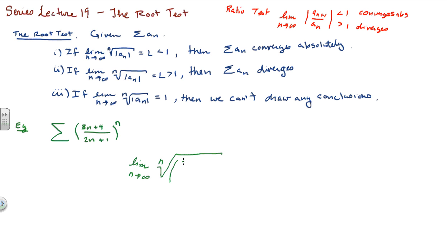And of course, what's nice is the nth root gets rid of that exponent, and we get the limit as n goes to infinity of (3n+4)/(2n+1), which is 3/2, which is bigger than 1, so this thing diverges.